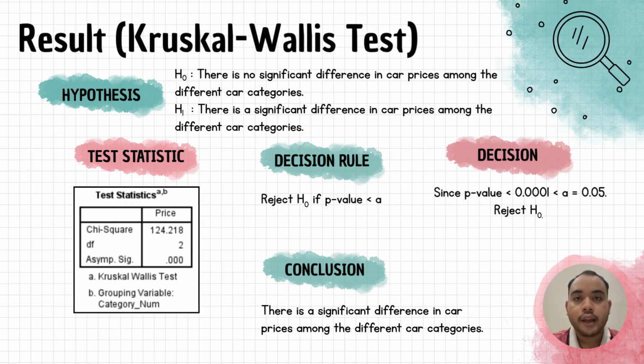The output from SPSS produced a chi-square statistic of 124.218 with 2 degrees of freedom and a p-value less than 0.0001. Since the p-value is less than the significance level of 0.05, we decide to reject the null hypothesis. Therefore, we conclude that there is a significant difference in car price among the different car categories, indicating that the median car price differs across the categories.